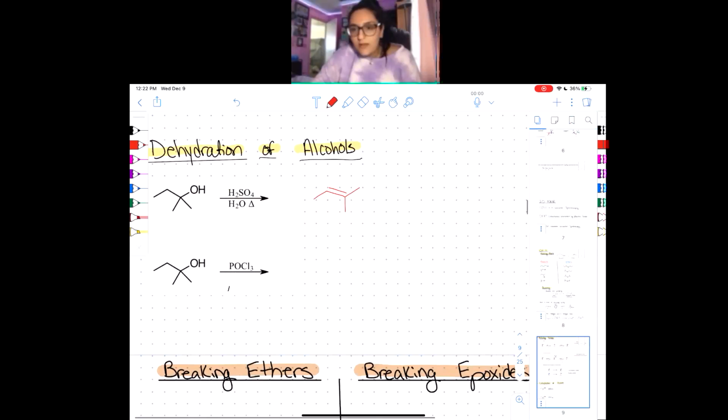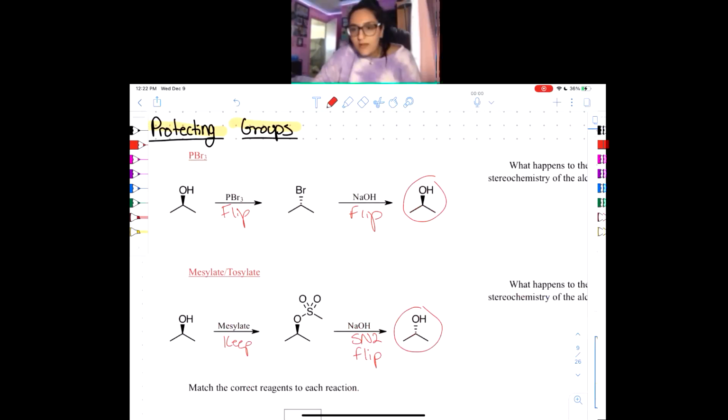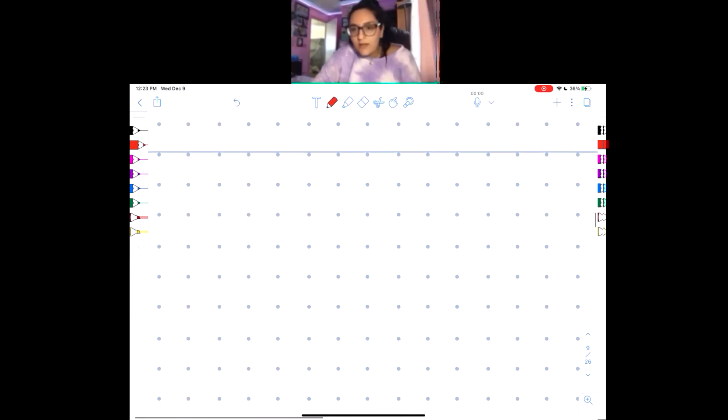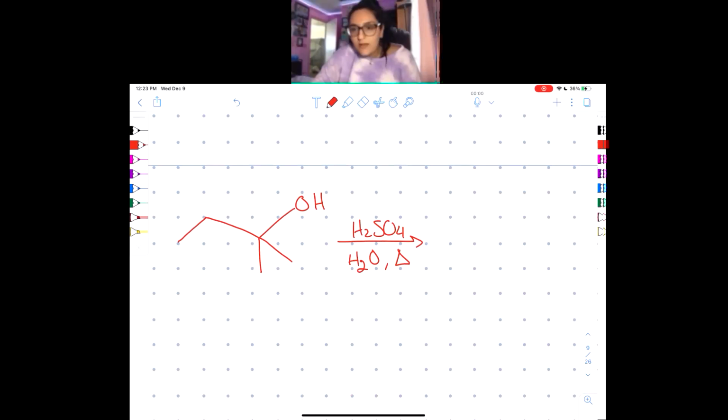Let me make a new page so we can put them all on one page. So if we have an alcohol such as this one, and we have H2SO4, H2O, heat, we are going to do a dehydration, which means we get rid of the alcohol, and we get that.